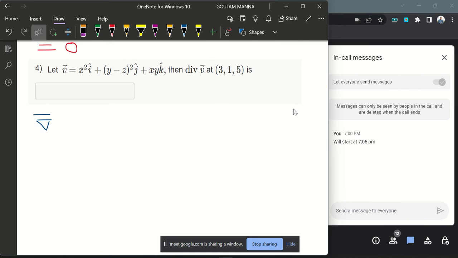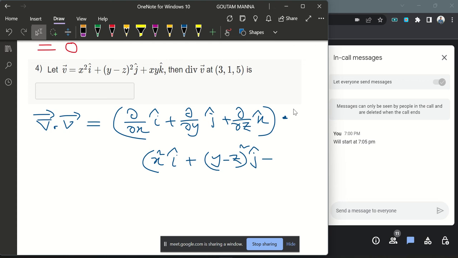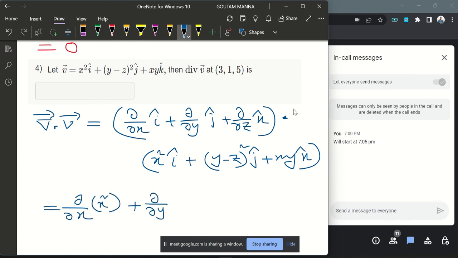Divergence of V equals del del x i hat plus del del y j hat plus del del z k hat, dot product with x square i hat plus (y minus z) whole square j hat plus xy k hat, which equals del del x of x square plus del del y of (y minus z) whole square plus del del z of xy.